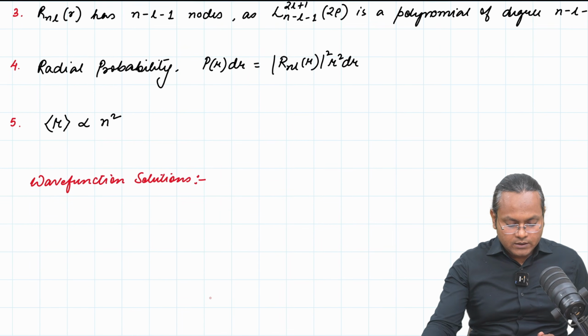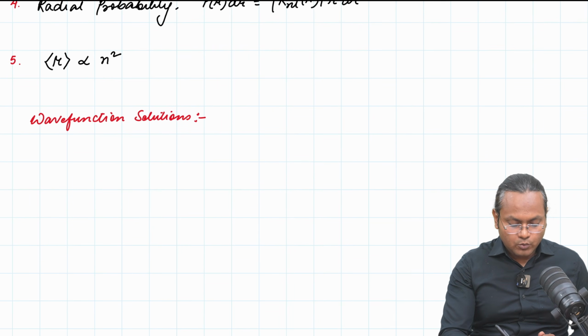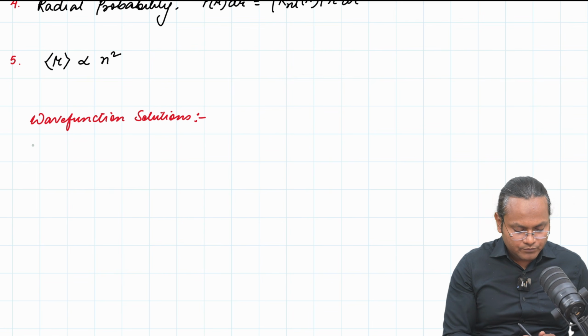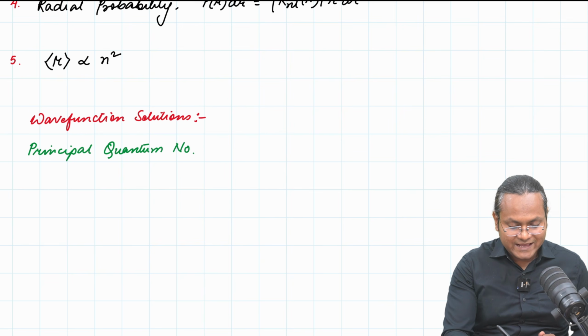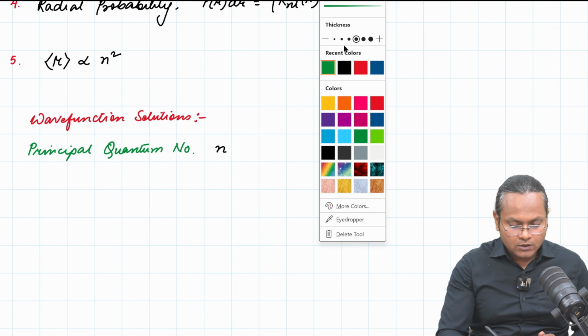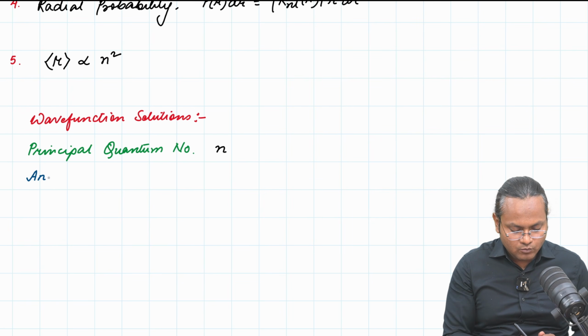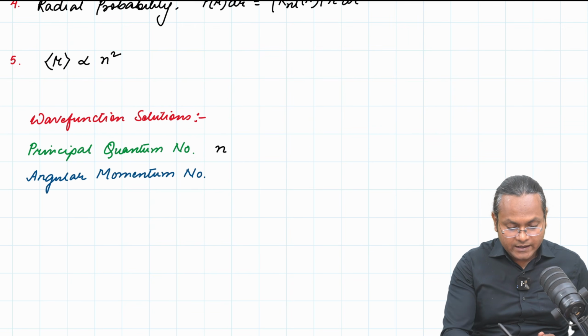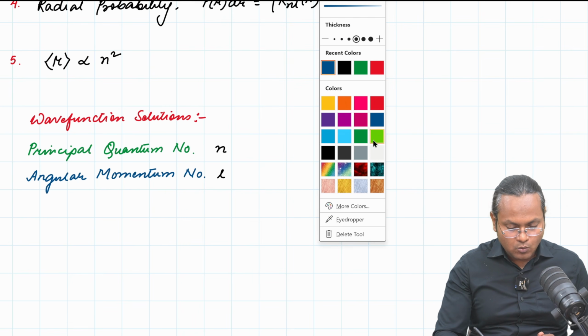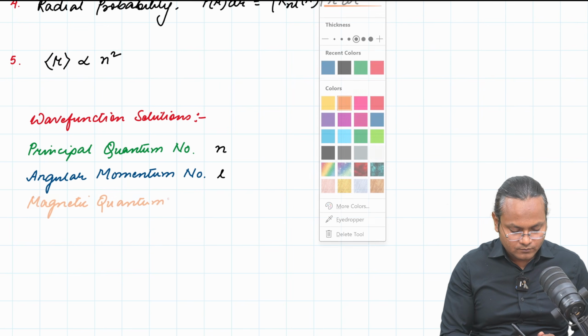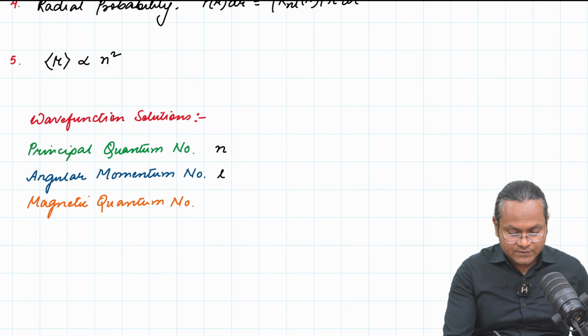Okay, the quantum numbers that we have discovered along the way are, number one, the principal quantum number, which we call n, the angular momentum quantum number, which we call L, and the magnetic quantum number, which we call M.